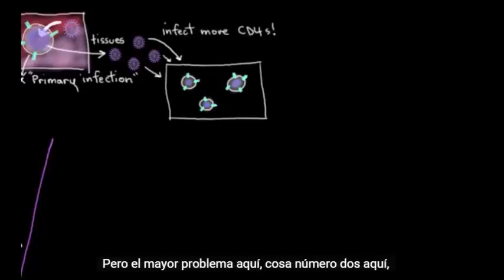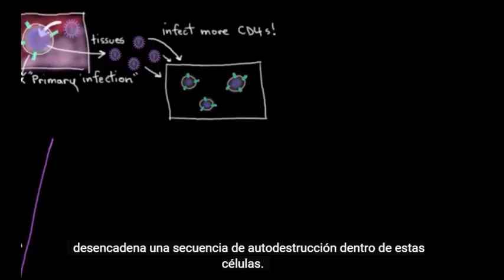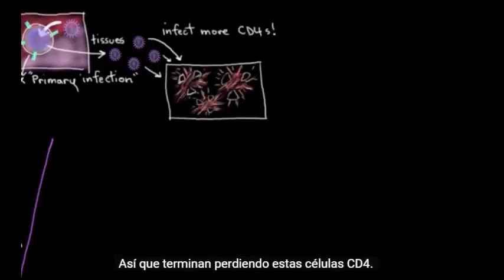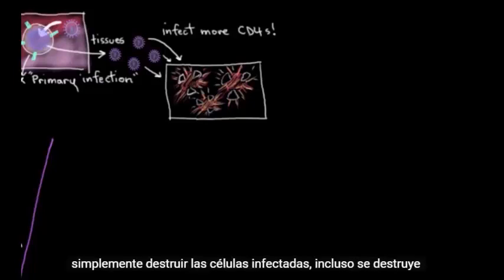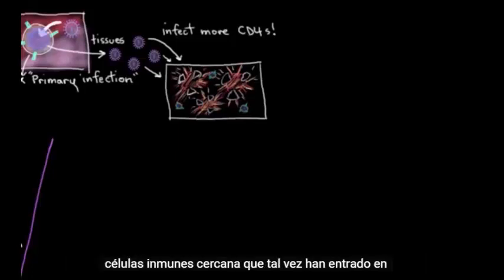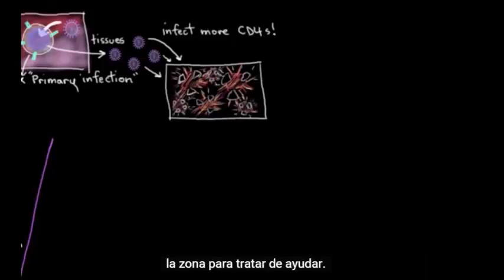But the biggest problem here, thing number 2, is that HIV infection of your CD4 cells triggers a self-destruct sequence within these cells. So you end up losing these CD4 cells. And even worse, the self-destruct sequence doesn't just destroy the infected cells. It even destroys nearby immune cells that maybe have come into the area to try to help out.